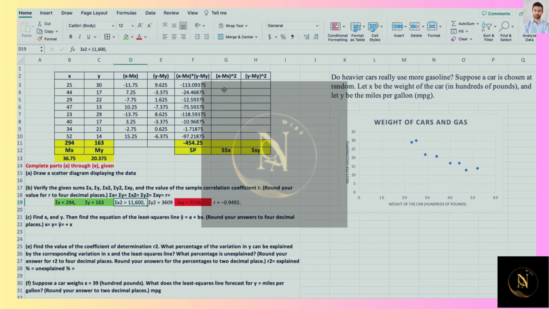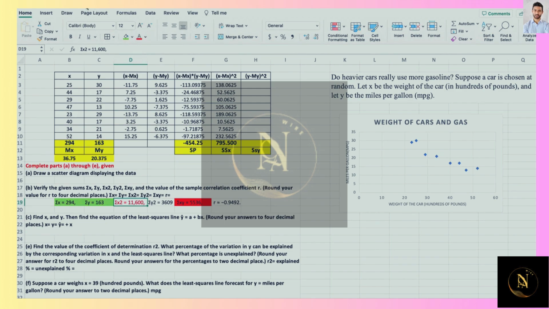And we haven't found the sum of my X squared. So then I'm going to square each one of these values, my X minus the mean of X values, and then I'm going to total them. And that is not correct.